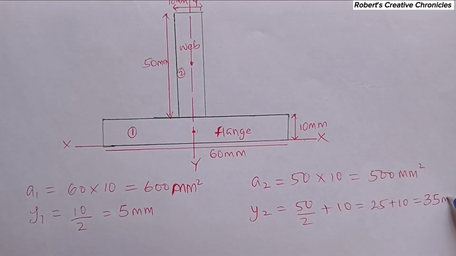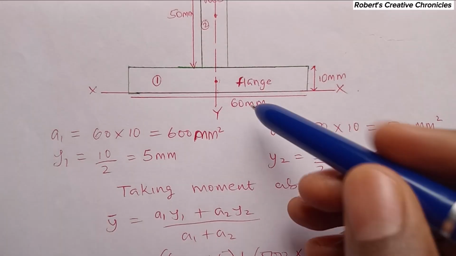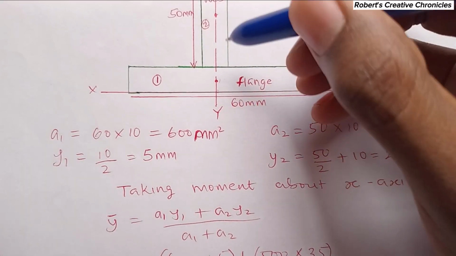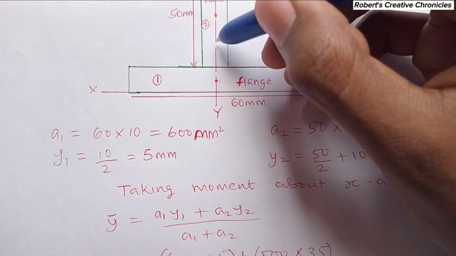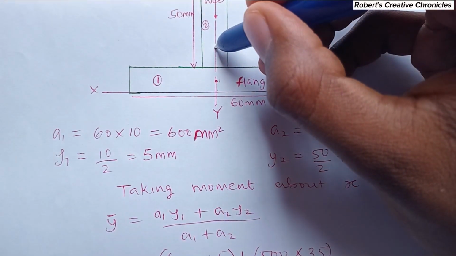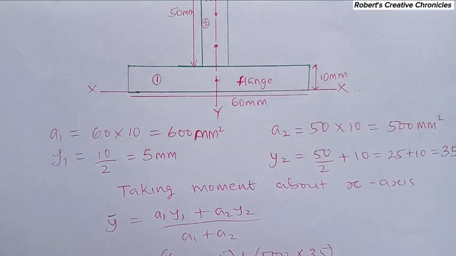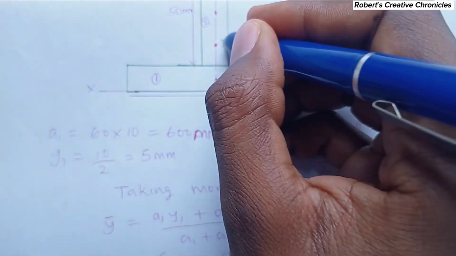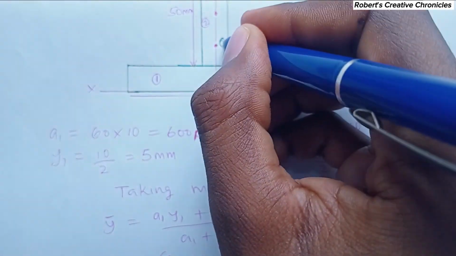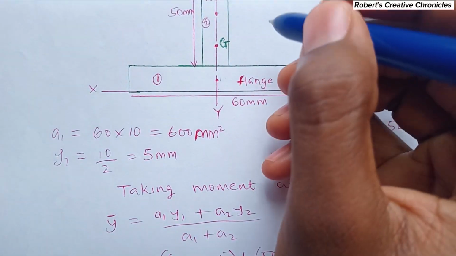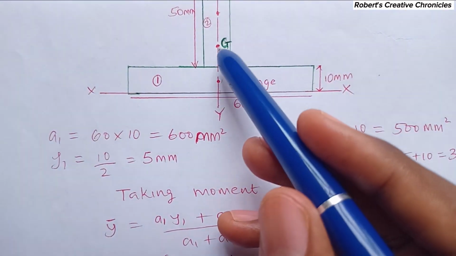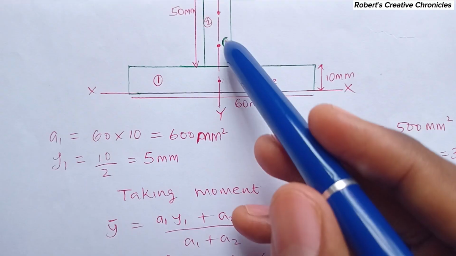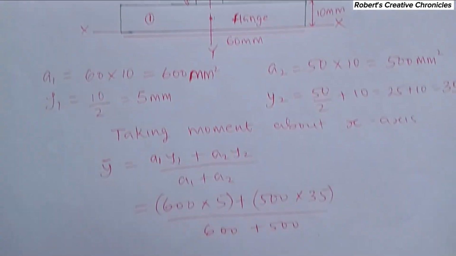So now, since here is 10, then 18.6 will be somewhere here. At this point, we'll call it G. So this will be our center of gravity, the center of gravity of this inverted T-section.